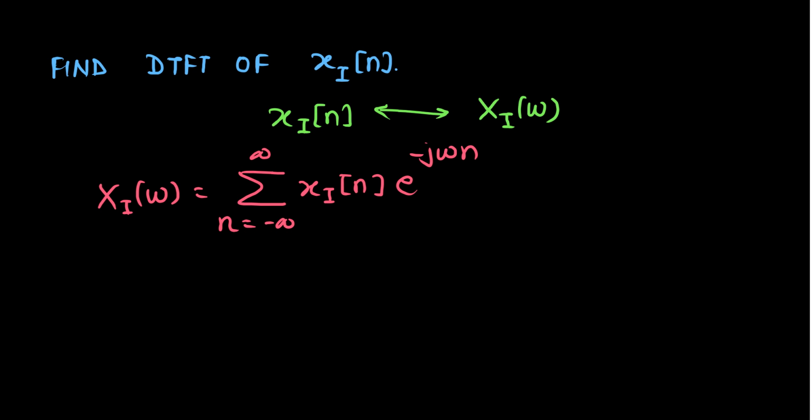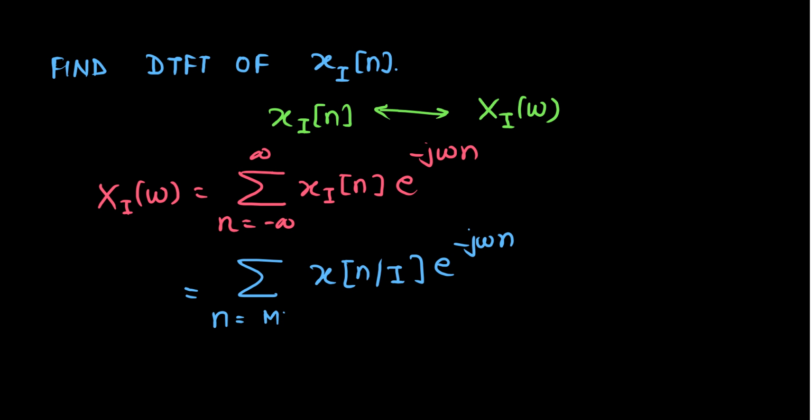Now we can write this as summation x of n by I into e to the power minus j omega n. But now the condition is this n is a multiple of I, from minus infinity to infinity.